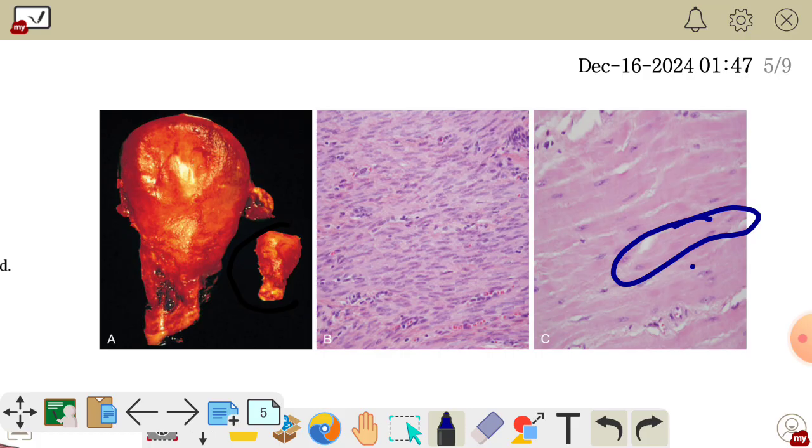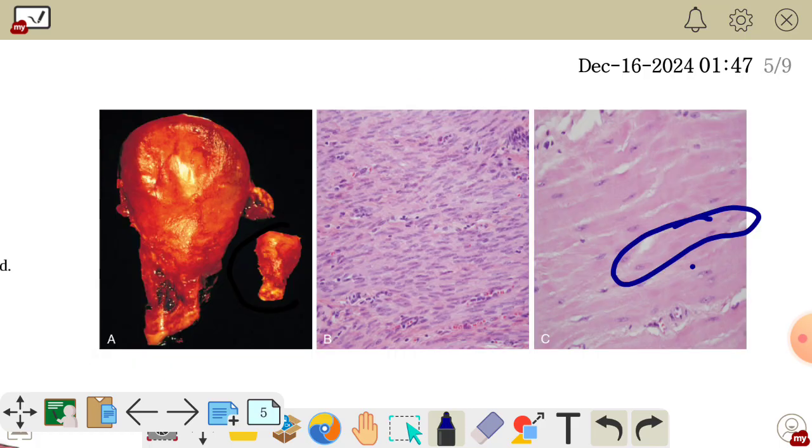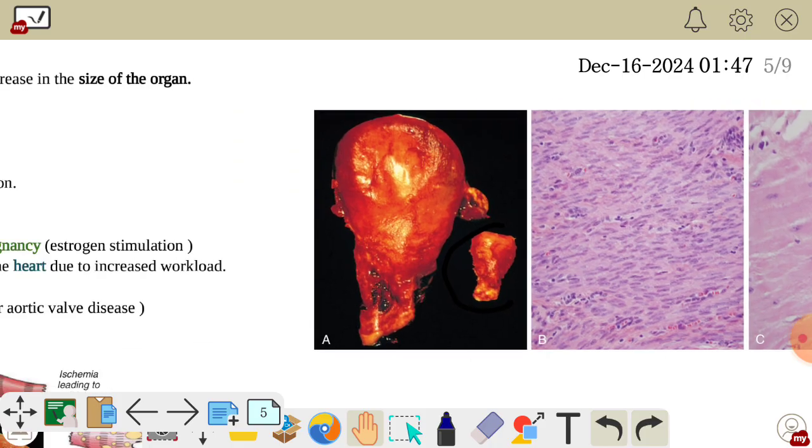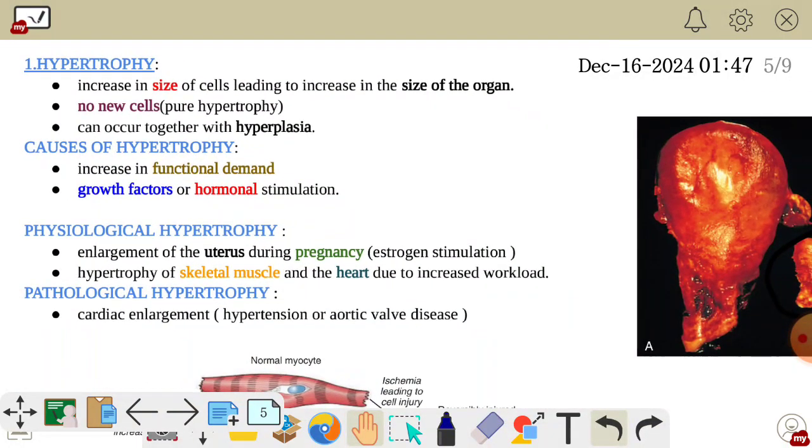Okay, so that is physiological, it's a normal thing during pregnancy. So it's a physiological example of hypertrophy.